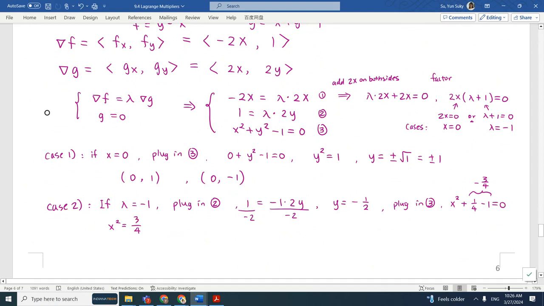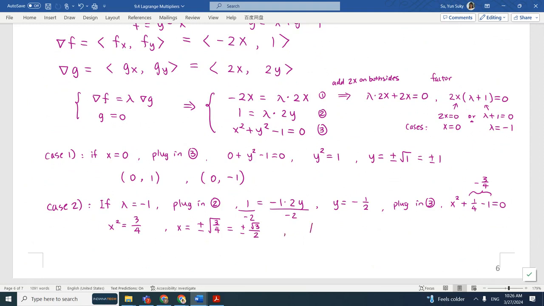When you take the square root, you get plus or minus the square root of 3/4, so square root of 3 over the square root of 4, which is 2.